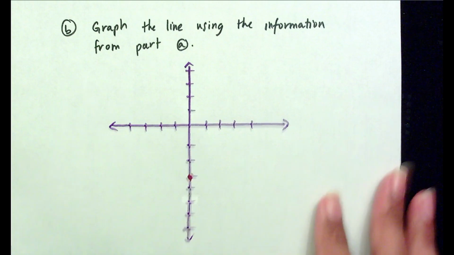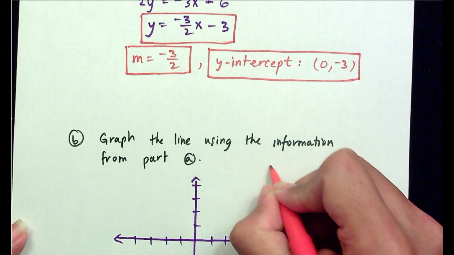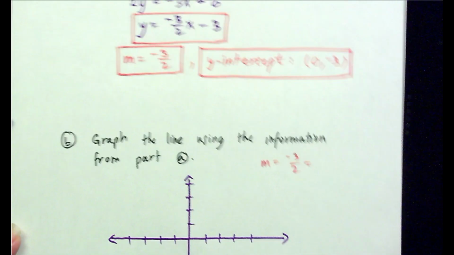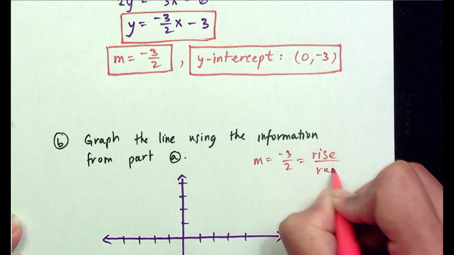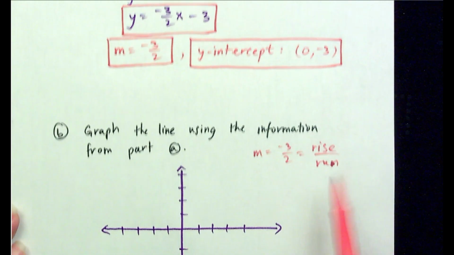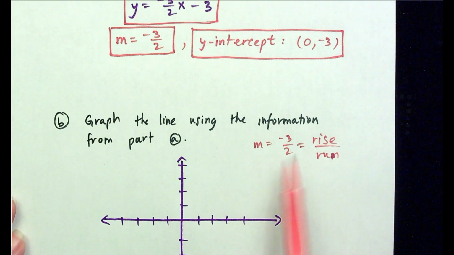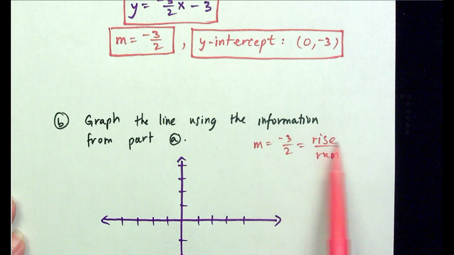Then we have that the slope equals -3/2. One interpretation of the slope is rise over run, right? So that means if you are on any point on the line, you can go to another point by following these instructions.